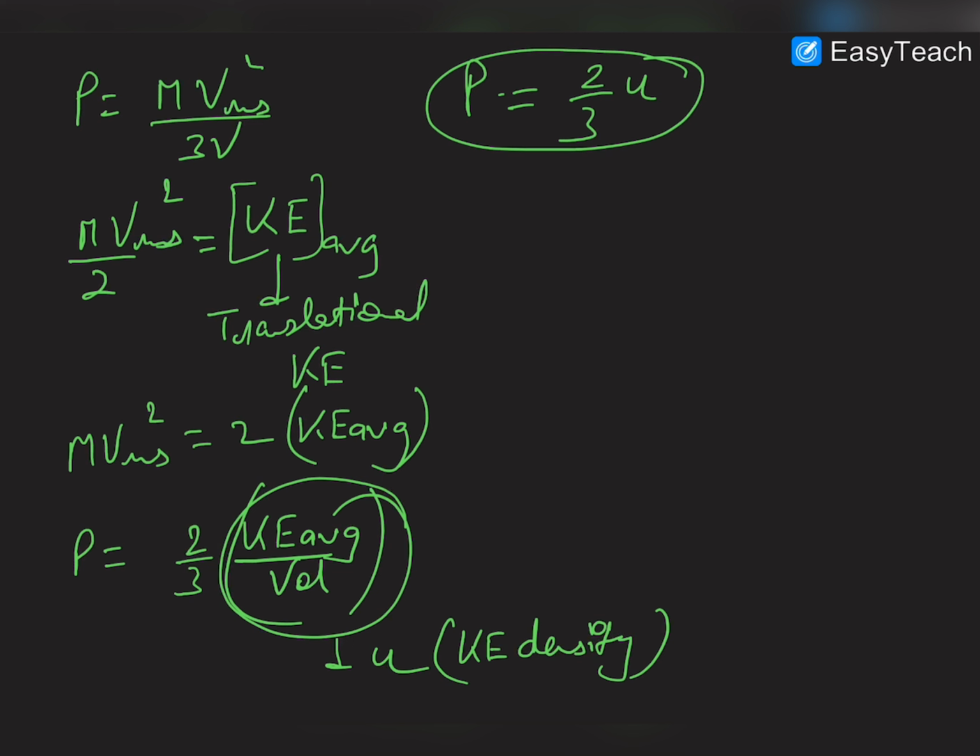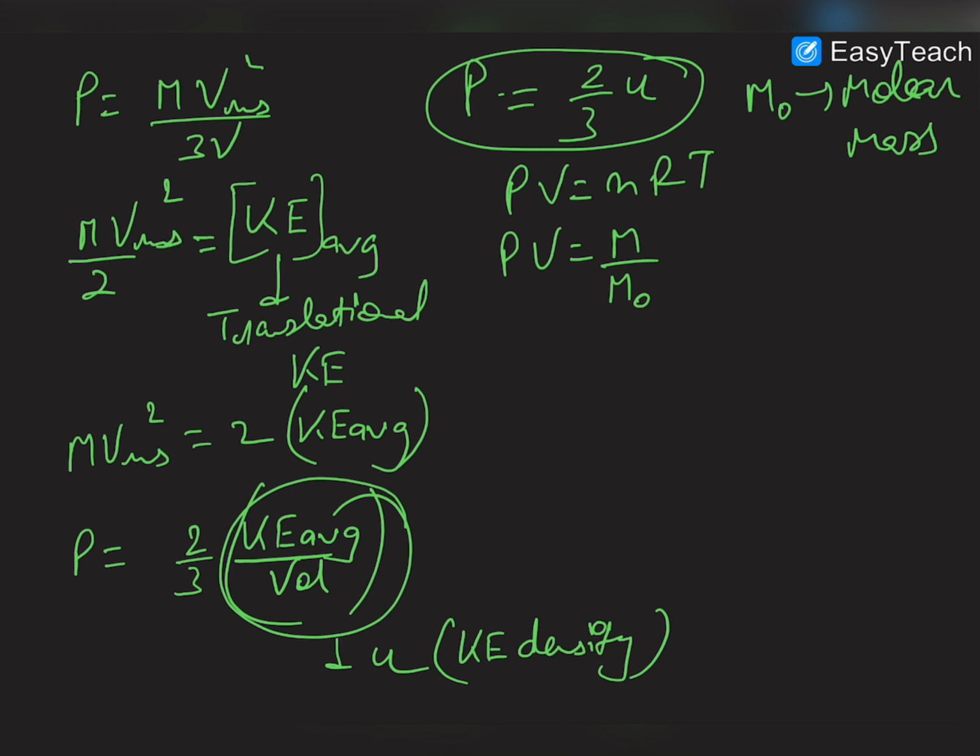Okay, and obviously we know that PV is equal to nRT, and n is the mass of gas upon the molecular mass of gas. M naught will be the molar mass of the gas. So PV is equal to M by M naught into RT, and P is equal to M by V into RT by M naught.